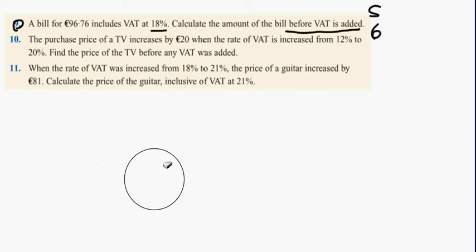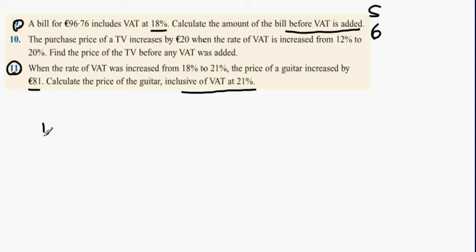When the rate of VAT was increased from 18% to 21%, the price of a guitar increased by €81. Calculate the price of the guitar inclusive of VAT at 21%.